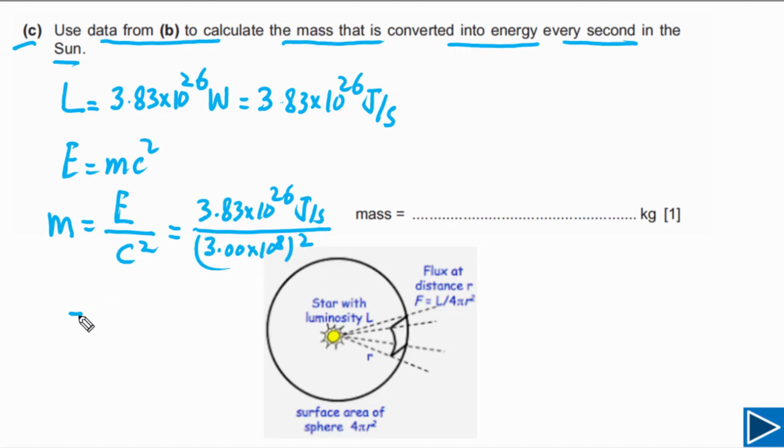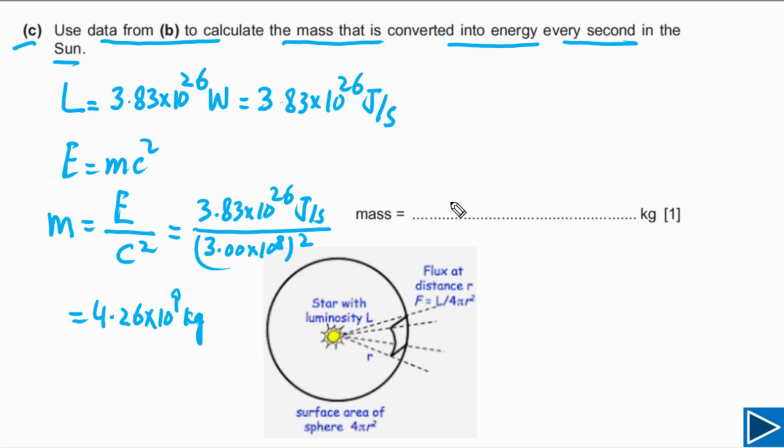If we solve this, we will get our final answer, 4.26 times 10 to 9 kg. So this much mass is converted into energy per second in the sun. This is what the question was asking us to calculate.